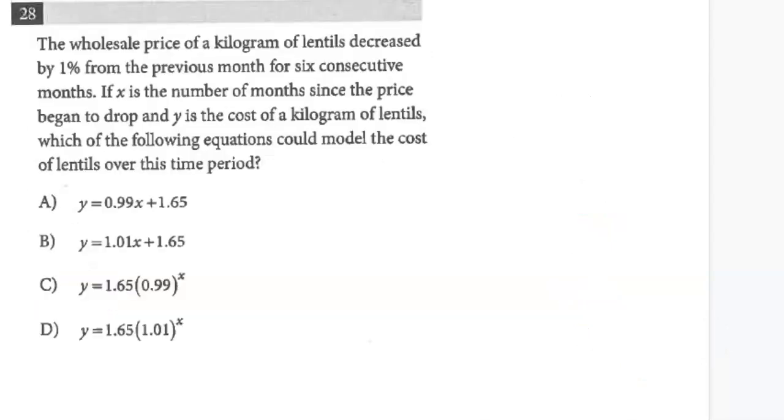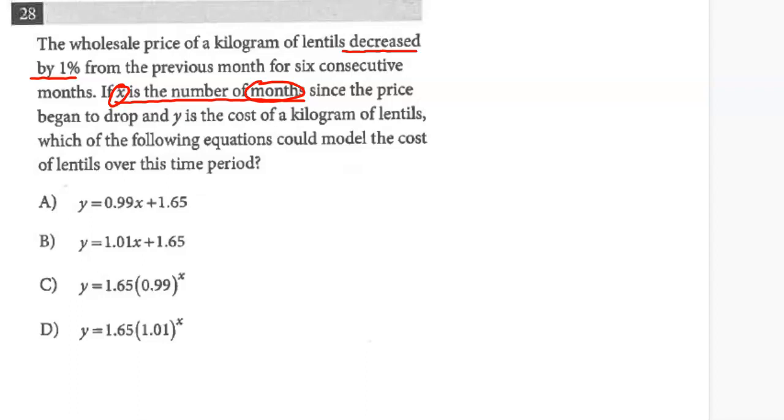All right, number 28 says the wholesale price of a kilogram of lentils decreased by 1% for 6 months. So we decreased by a percentage, all right, for 6 months. If x is the number of months, so that's what x is, months, since the price began to drop, and y is the cost, which of the following could model the cost over that time period?